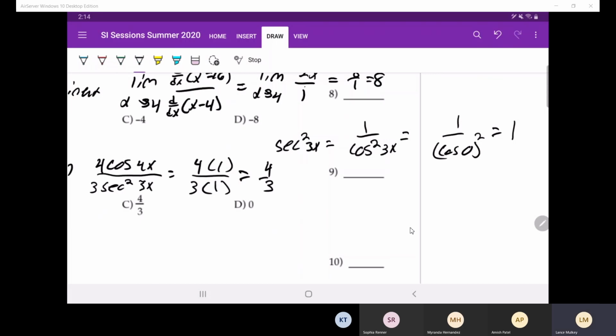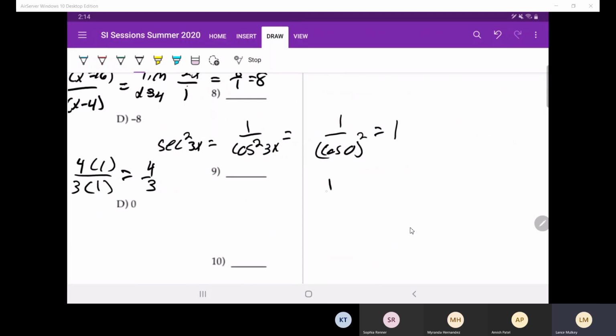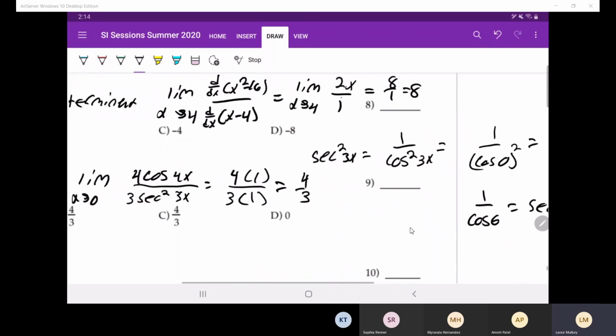I plugged in 0 to cosine, so it's cosine of 0, and cosine 0 is equal to 1.